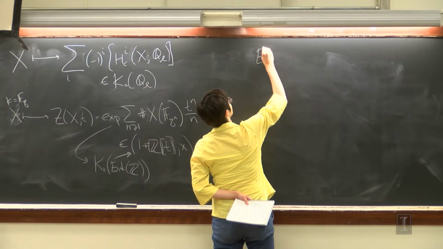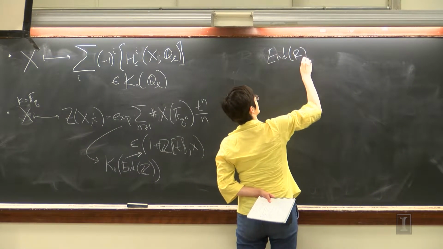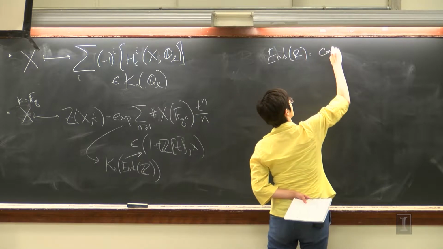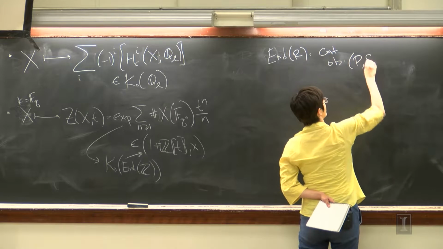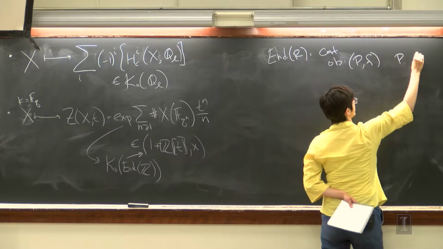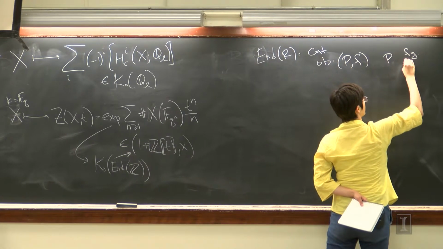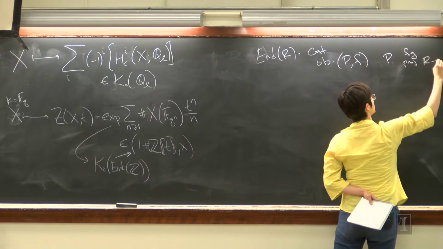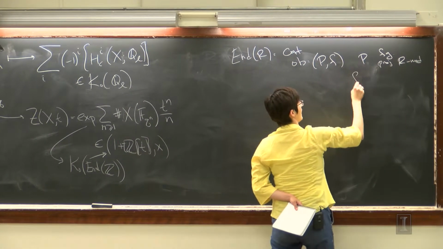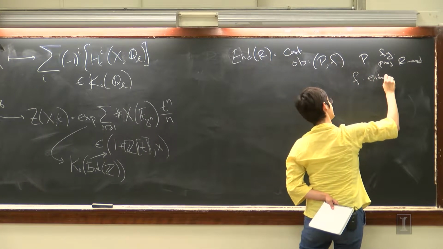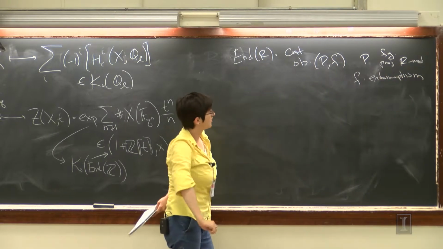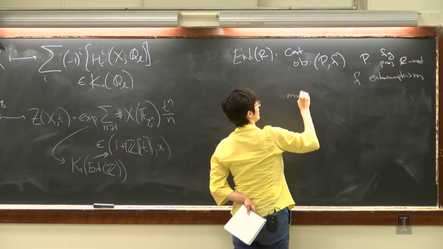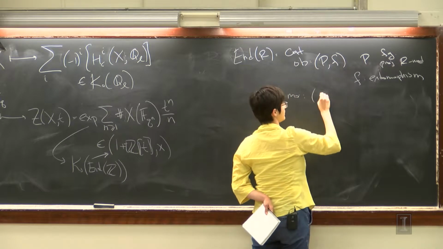So first off, what is End of R? This is a category where the objects are pairs (P, F), where P is a finitely generated projective R-module, and F is an endomorphism. And the morphisms are things that commute with these endomorphisms.